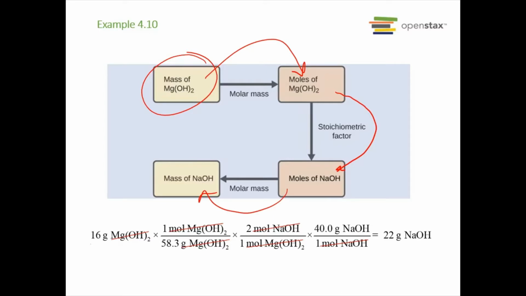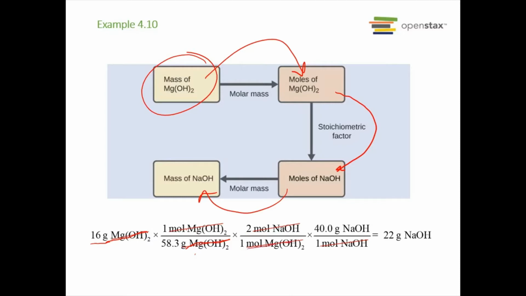So we started with 16 grams of magnesium hydroxide. To change it to moles, we have to calculate its molar mass, which we can calculate to be 58.3 grams per mole. So there's 1 mole of it per 58.3 grams. We need grams to cancel, so that goes on bottom, moles on top. Using our stoichiometric factor from the balanced equation that was given to us, there's 2 moles of sodium hydroxide per 1 mole of magnesium hydroxide.